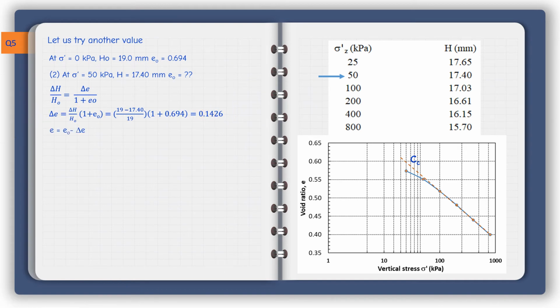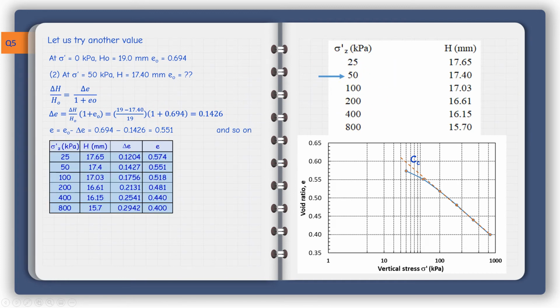So I can work out that e is equal to e naught minus delta e. e naught has not changed, it's 0.694. Delta e, I just calculated it, it's 0.1426. So the void ratio here is 0.551, and so on for the rest of these values.